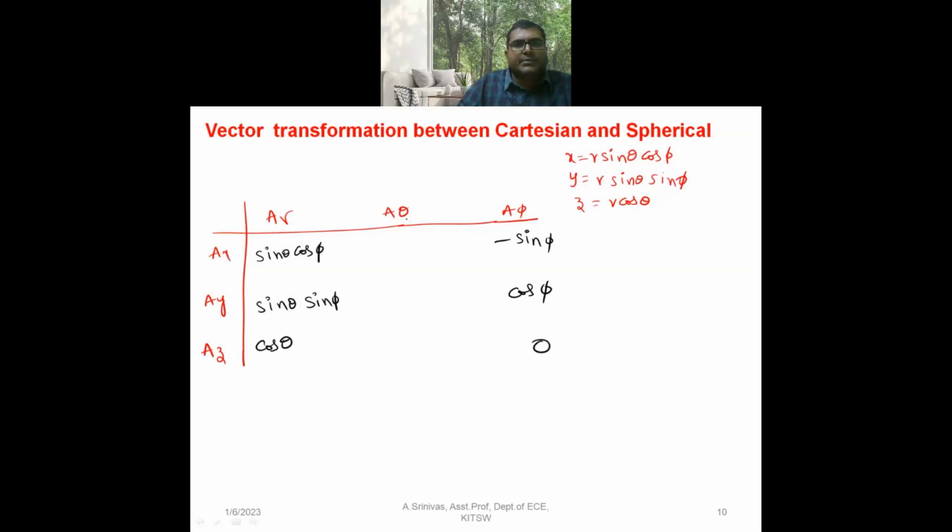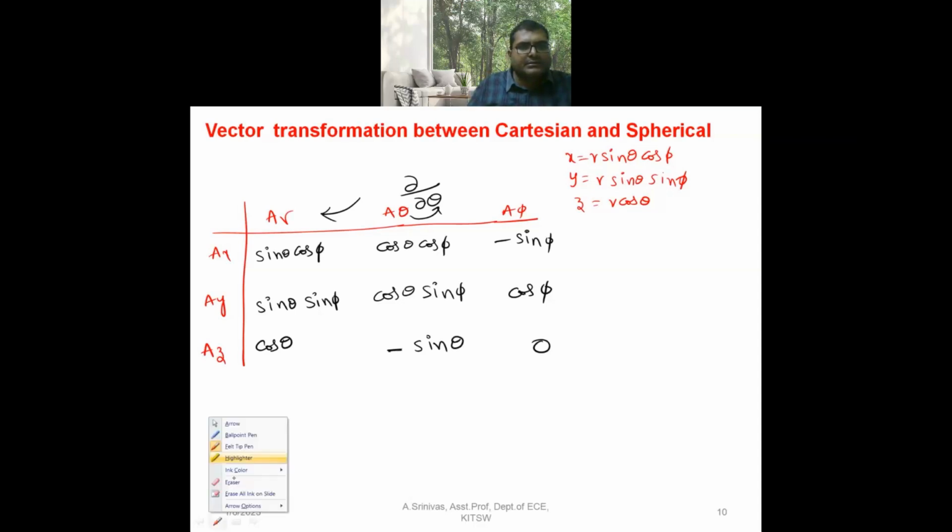Now to determine the second column elements, you can partially differentiate these elements with respect to θ. That is, by partially differentiating this, you will get cos θ cos φ, cos θ sin φ, and minus sin θ.